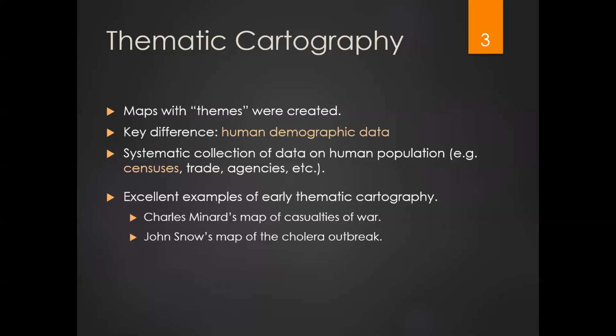That's the reason why thematic mapping is closely related to census. Okay, and there are excellent examples of early thematic cartography. We saw them before in this course. I would like to just review them a little bit so you have an impression, okay?